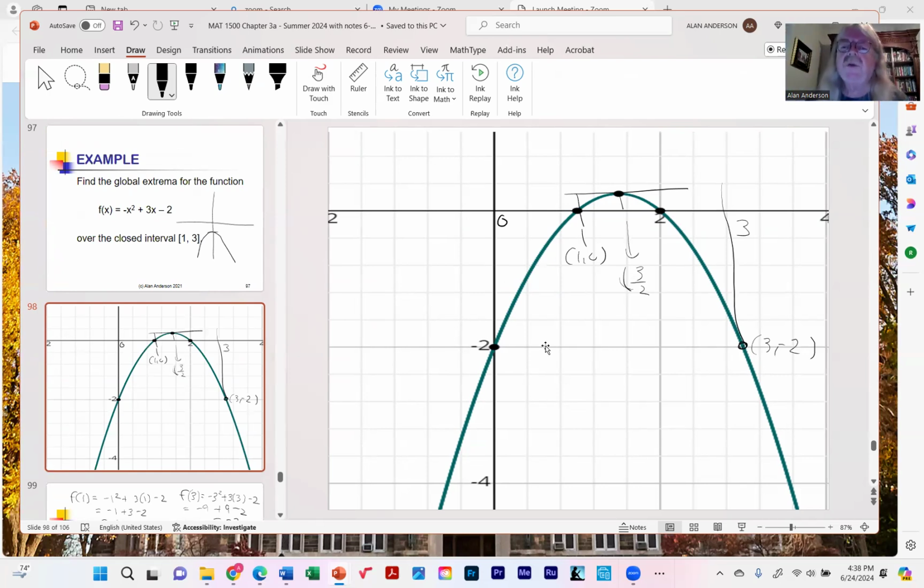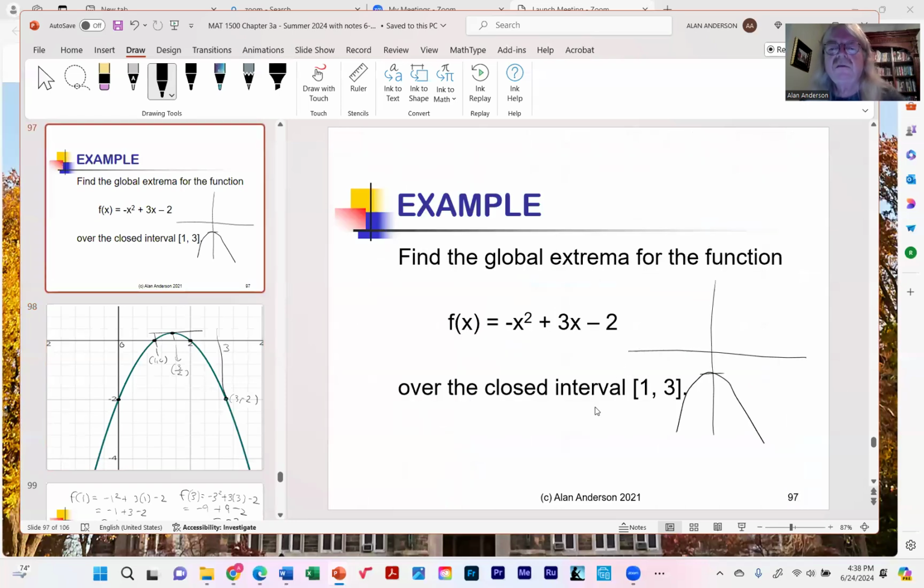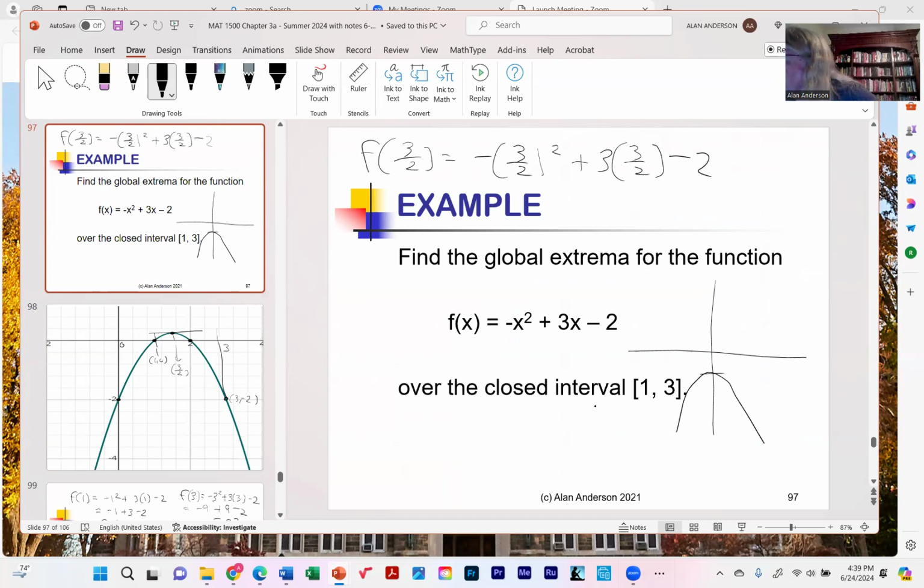And if we need that information, we can figure out what the corresponding value of y is by plugging this back into f of x. All right, let's just check that out. So that would be minus 3/2 squared plus 3 times 3/2 is 2.